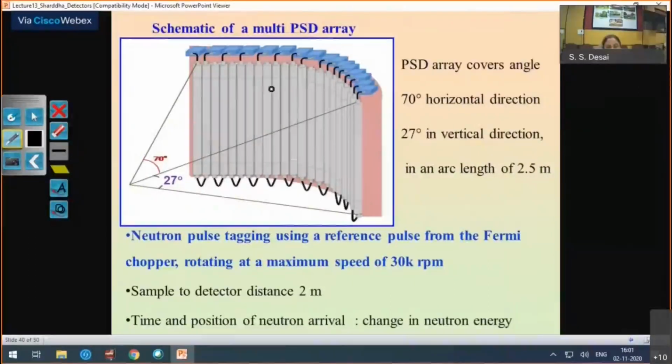The time of arrival and the position of the neutron arrival give you how much energy gain or energy loss has occurred within the sample.